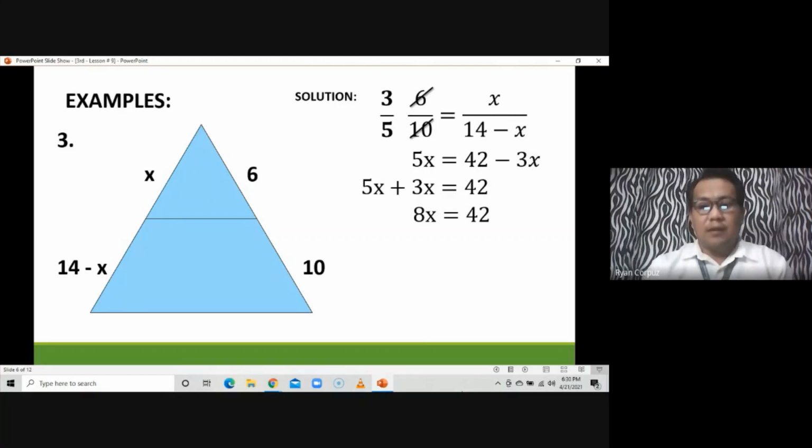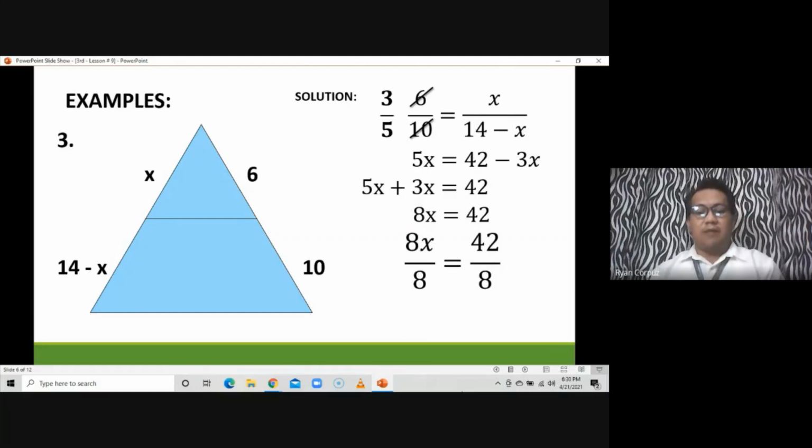Then, since we want to solve for the value of x, let us divide both sides of the equation by 8. Then we cancel 8. X will be left. Then 42 divided by 8. Since 42 is not exactly divisible by 8, what we are going to do is to just simply reduce it into lowest term. So both 42 and 8 are divisible by 2.